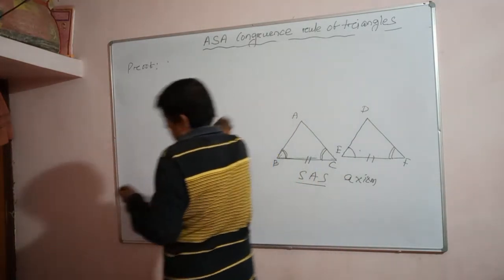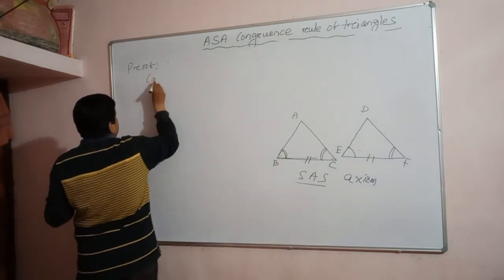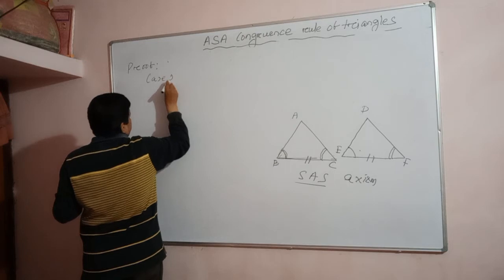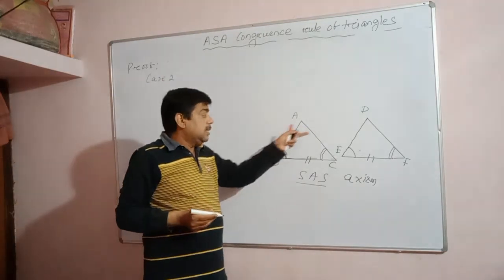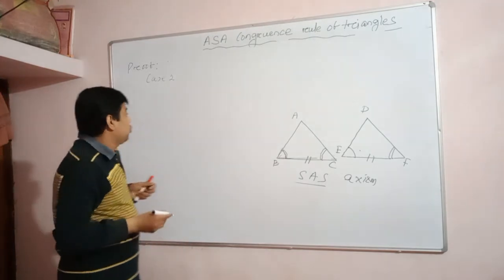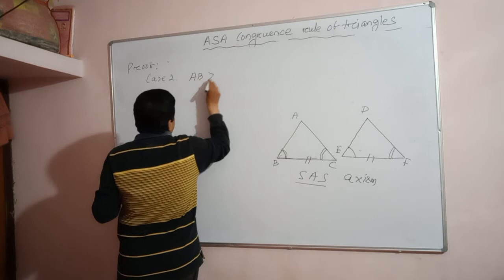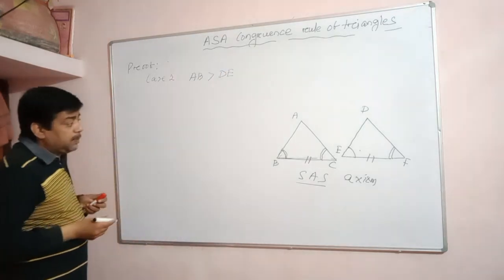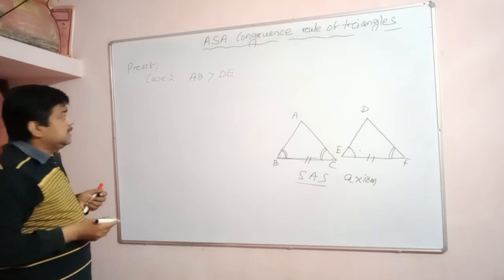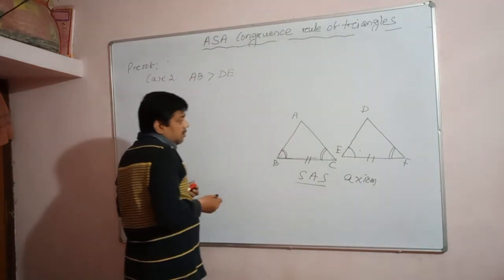In case 1, what was there? We had taken AB equal to DE. Now suppose AB is greater than DE. If AB is greater than DE, then what will happen?